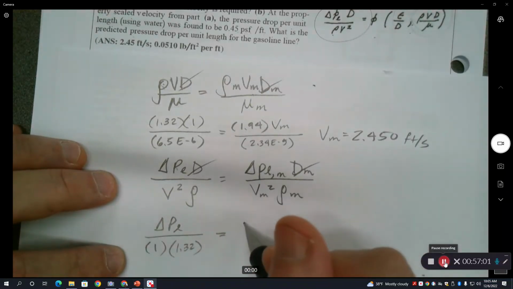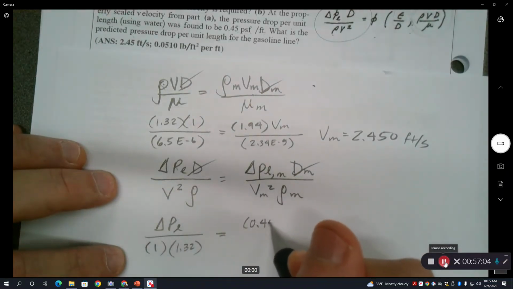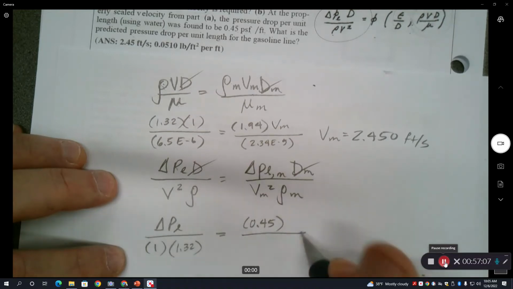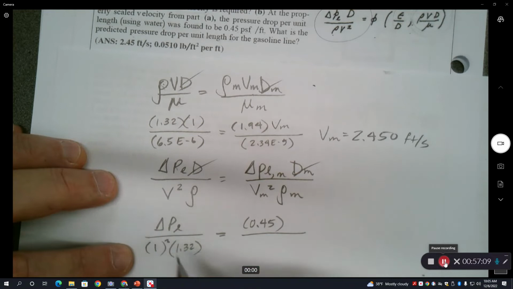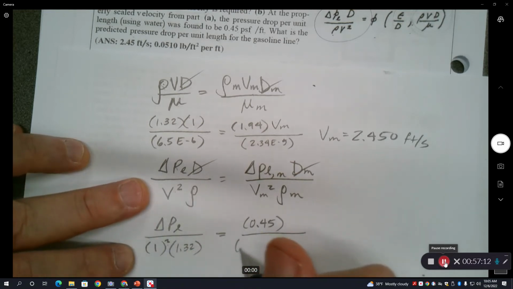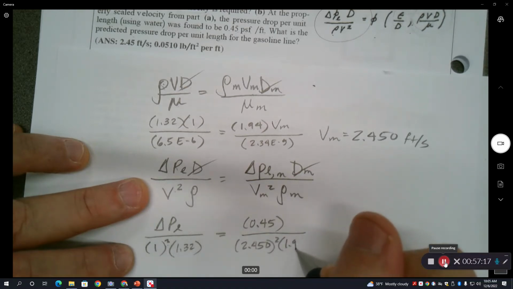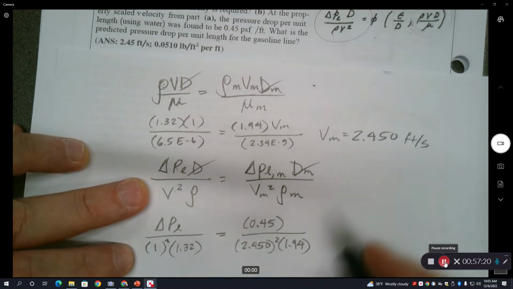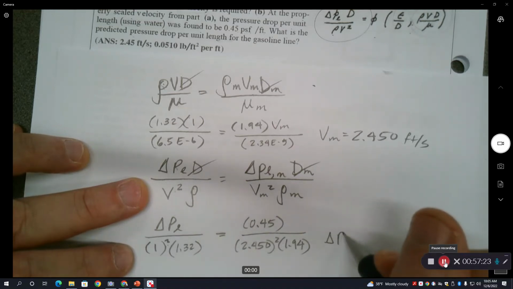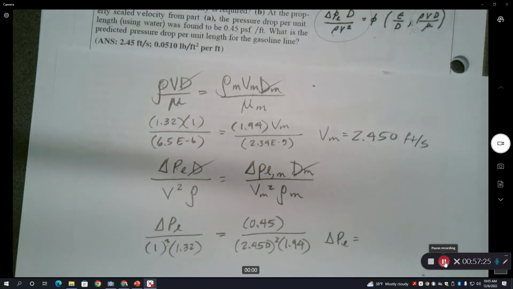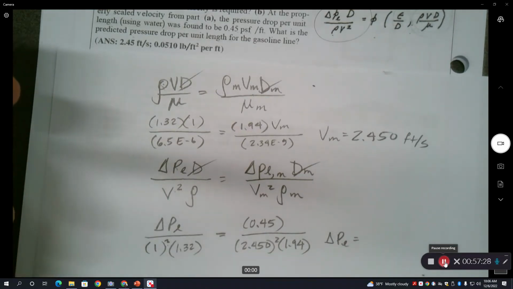It's going to be equal to what we just found from the experiment, 0.45. Sorry, velocity squared, forgot that. Here you go, 2.45 squared, and here's the 1.94 for the model right there. So our conclusion: it's already in my calculator, so I should just do 0.94 divided by 1.32.